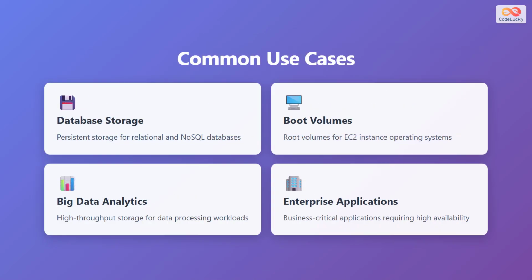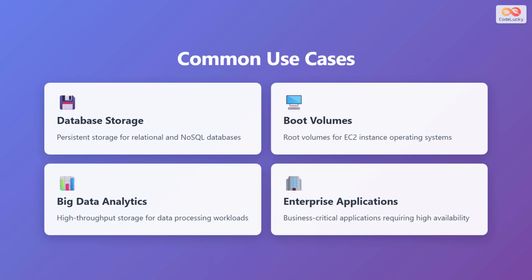EBS is used across a wide range of applications. For database storage, EBS provides the persistent, high-performance storage required by both relational databases like MySQL and Postgres, as well as NoSQL databases like MongoDB and Cassandra. EBS volumes serve as boot volumes for EC2 instances, containing the operating system and system files.